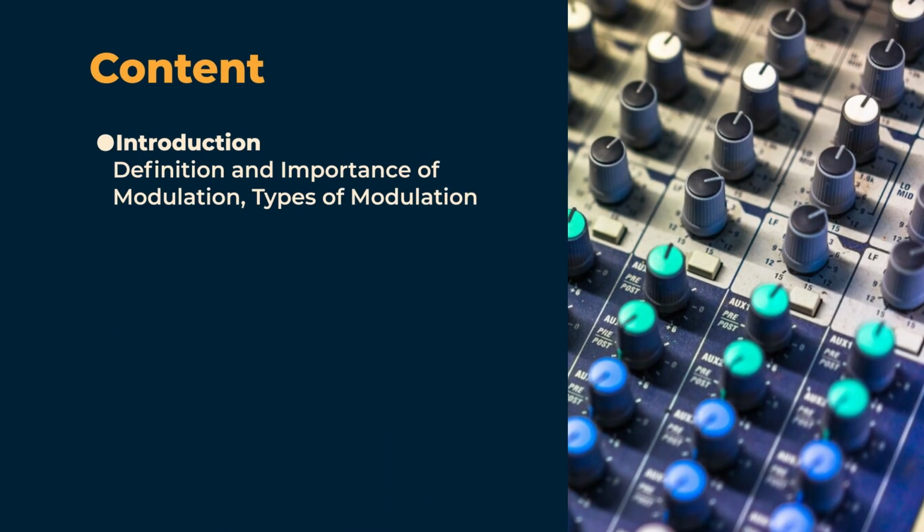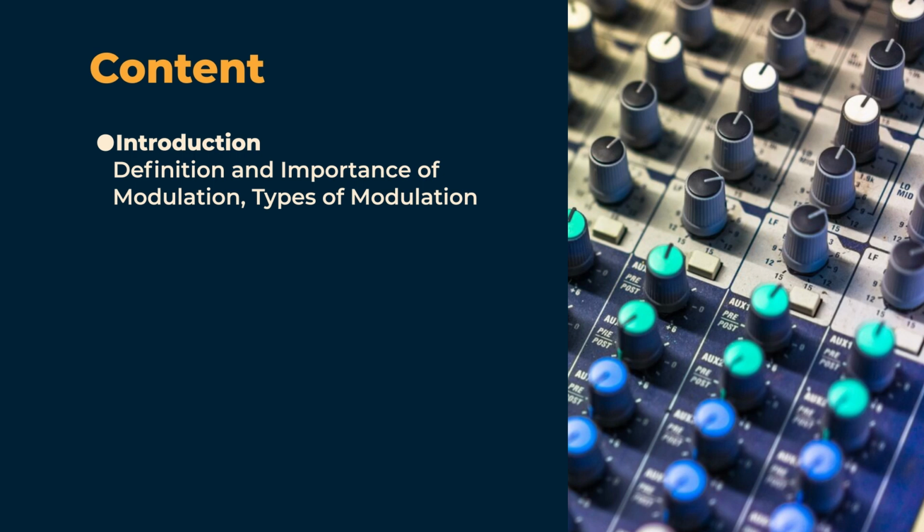First of all, we start with the introduction. In this, we are going to cover the definition and importance of modulation. I will briefly explain what modulation is and why it's important in communication systems. Then, we will also cover the types of modulation.